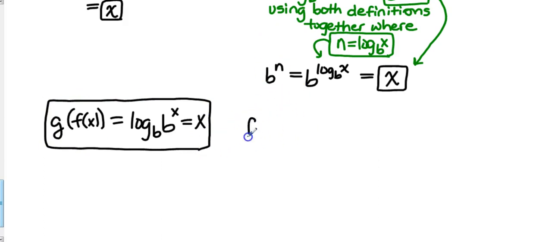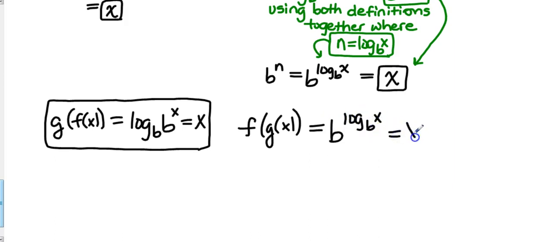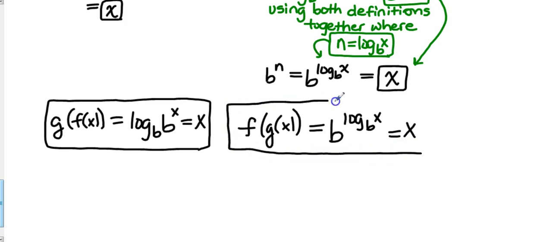And we proved f of g of x, so composition the other way, which was b to the log base b of x, equaled x as well. We can use these facts to simplify.